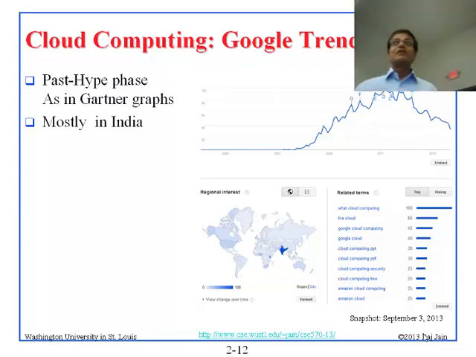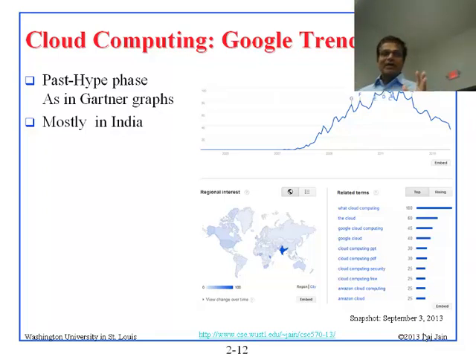There are hundreds of cloud companies, and so the cloud has become an everyday thing. And when we go to the cloud lecture, you will notice that you use cloud 100 times a day. Everything that you do today is on the cloud. So it has become a commodity. It's not really hot in here, right? But all those services are provided by these IT companies in India, so that's why it is still hot there. And interestingly enough, I see some hot spots in Africa.